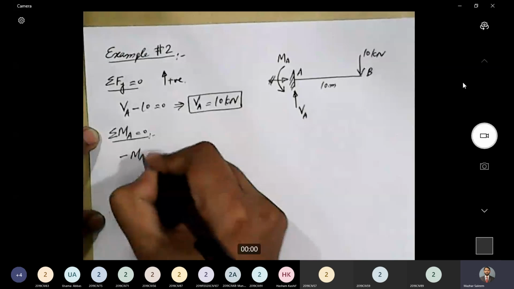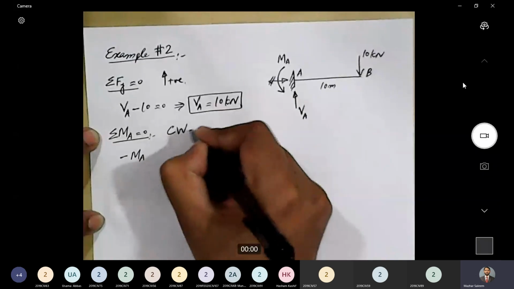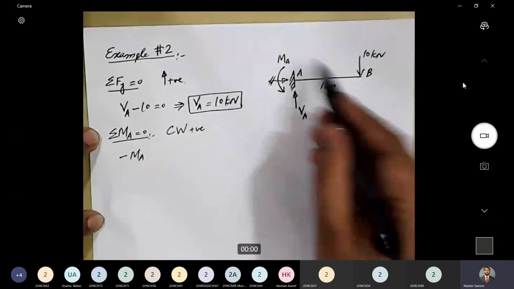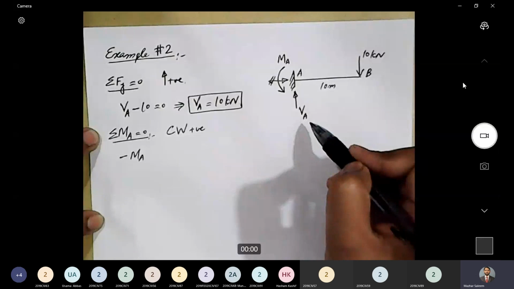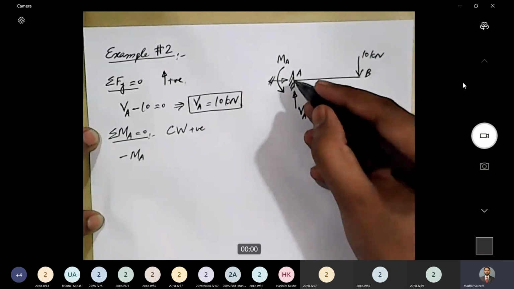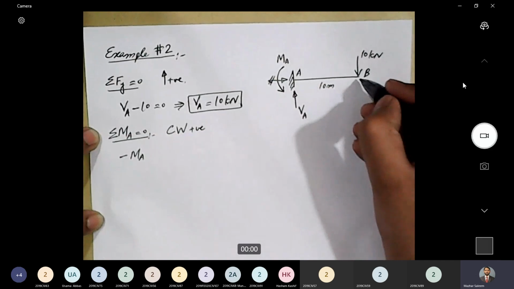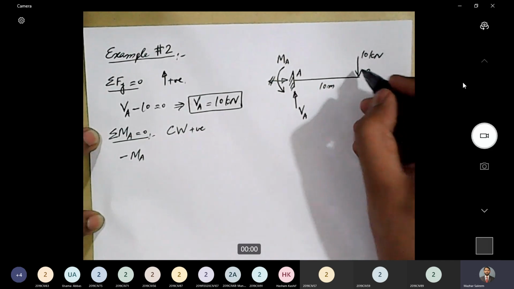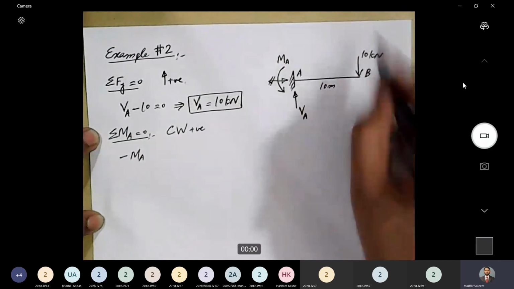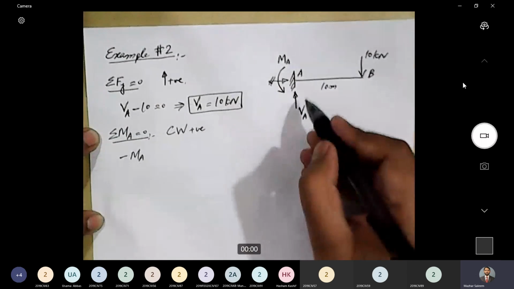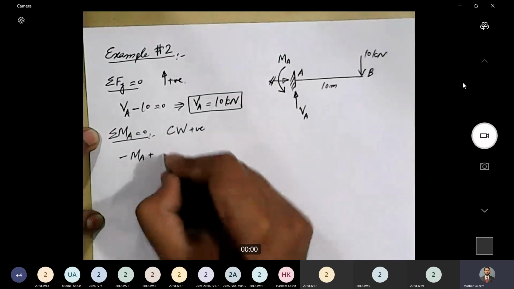Let me write down the convention here. Our convention is clockwise positive, so minus MA, because MA is in counterclockwise direction. VA is passing through point A, so it will not produce any moment about point A, and this 10 kilonewton force is producing clockwise moment about point A. So it will be taken as positive.